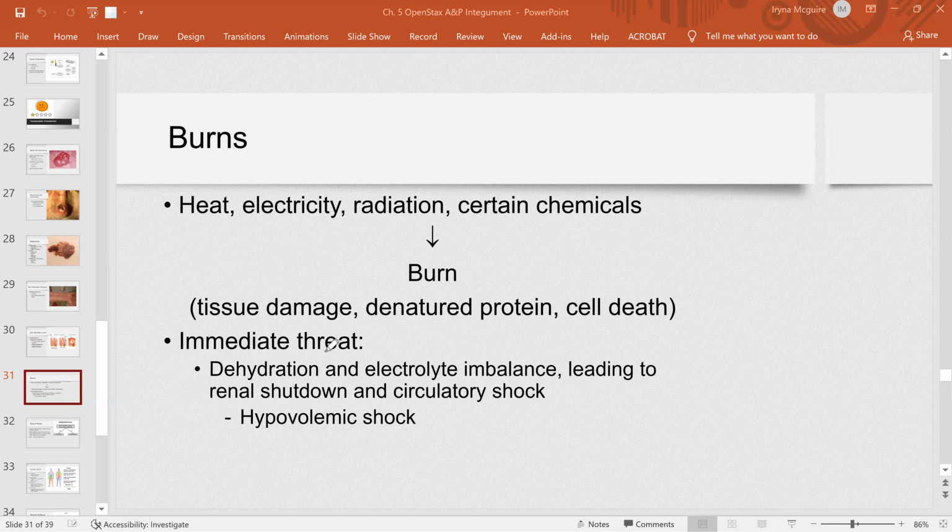You lose water, you lose electrolytes, and electrolytes will be like sodium, potassium, those cations, anions, and this can lead to renal shutdown and circulatory shock that we would call hypovolemic shock. Hypovolemic means related to low blood volume because you're losing so much fluid, right?